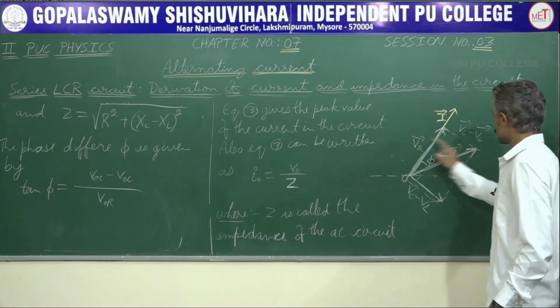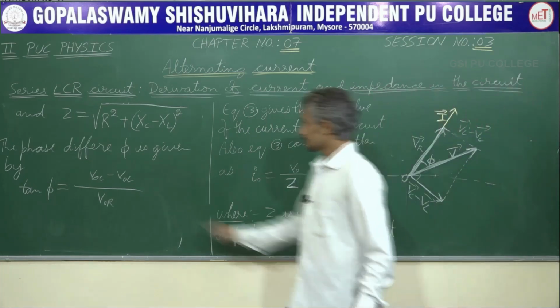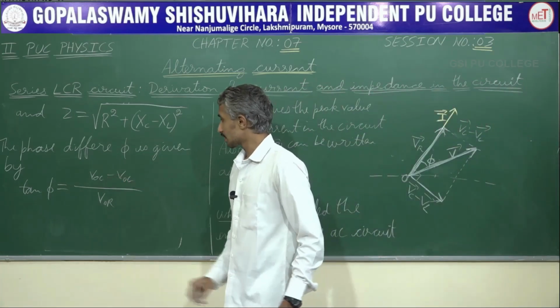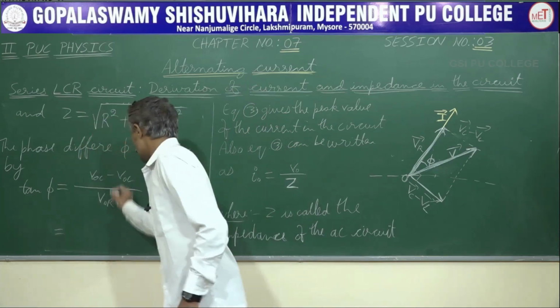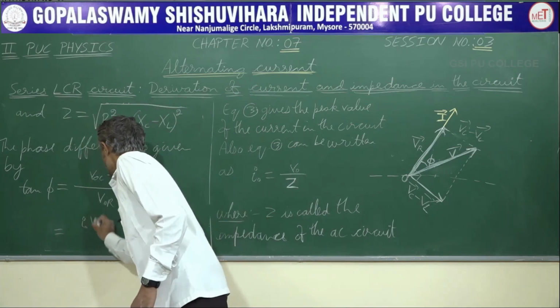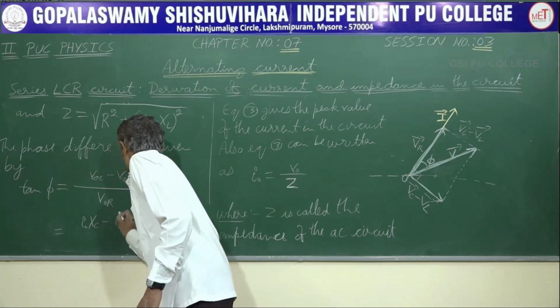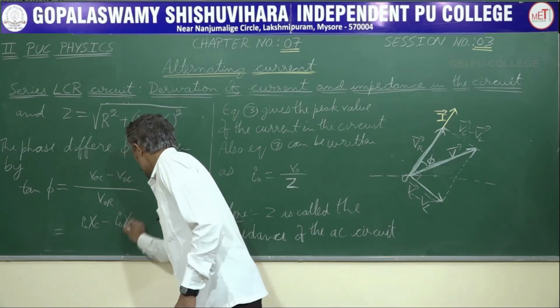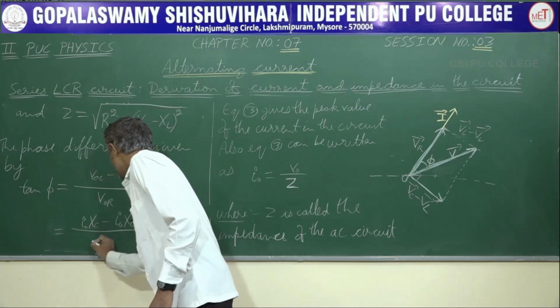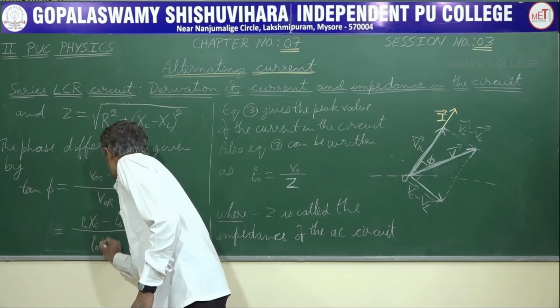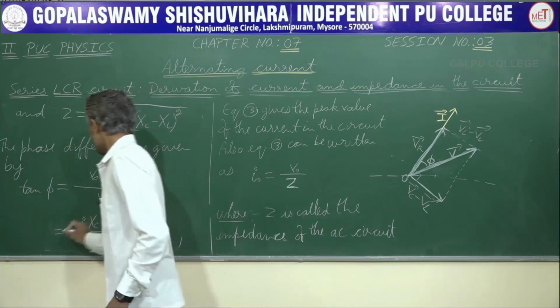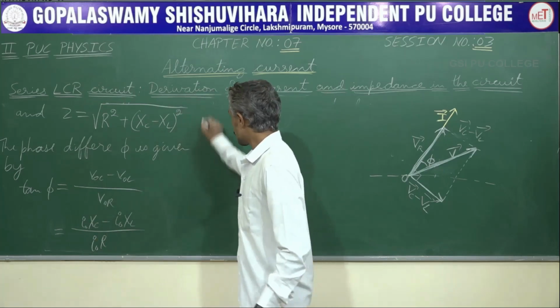Just take the magnitude of these vectors. So, the magnitude is going to be V naught C minus V naught L by V naught R. So, this can further be written as I naught XC minus I naught XL whole divided by I naught into R. Here I naught is common both in the numerator and the denominator.